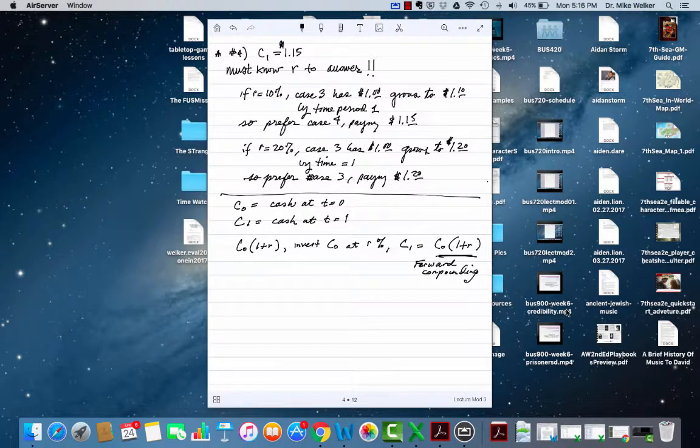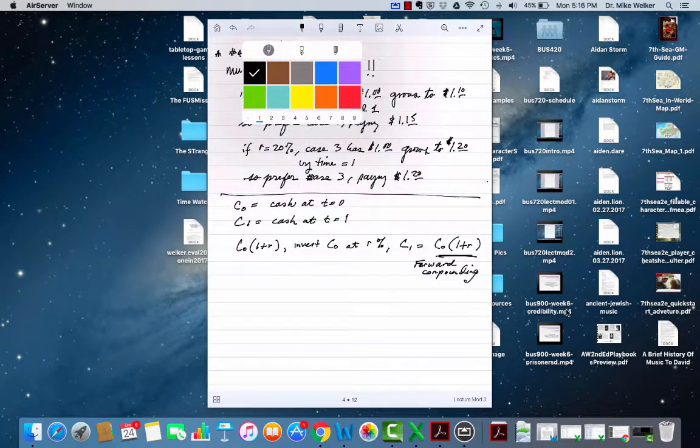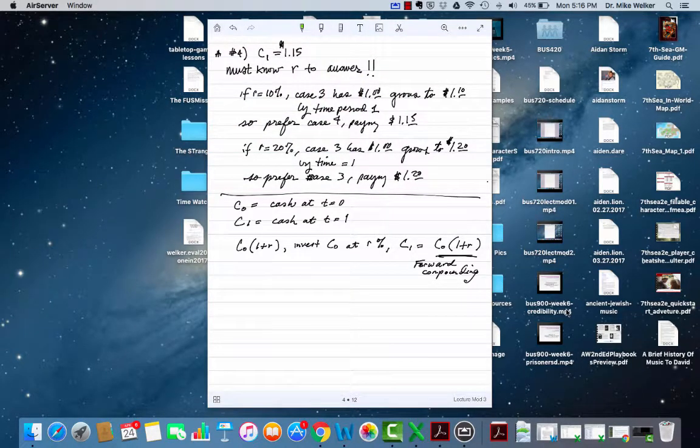So with a little nifty algebra, we're going to take this multiple right here, 1 plus R, and we'll divide both sides of our equation.